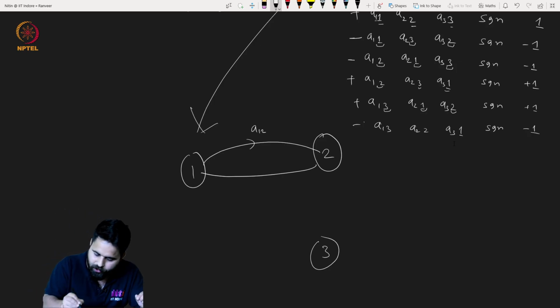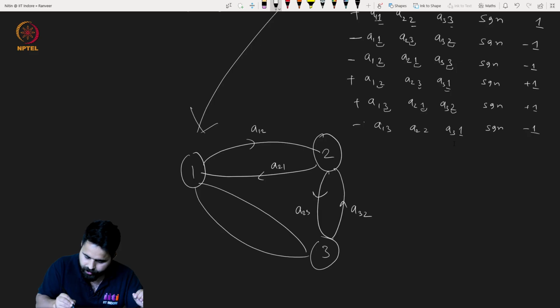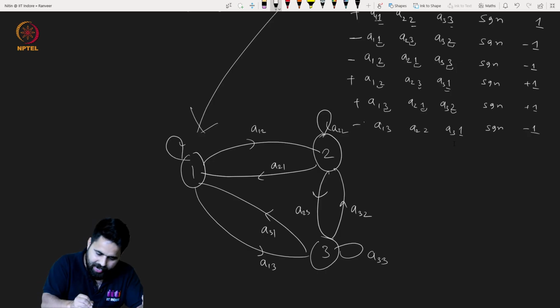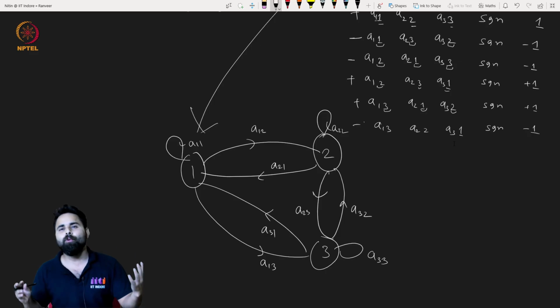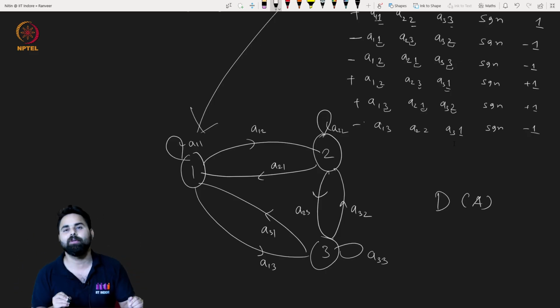Similarly here A21, then A23, then A32, this direction will be A31, then this will be A13, and of course there will be self loops like A22, A33, and A11. Let me denote this diagram by DA, corresponding to A.